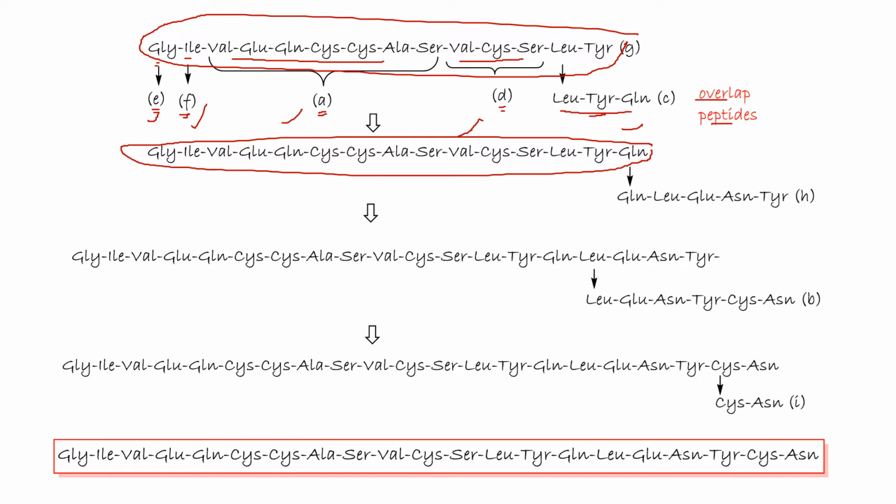Again, from the second chymotrypsin hydrolysis, we get this peptide. Remember that the tyrosine here is a carboxy end, so this will be the amino end. Okay, here it is.